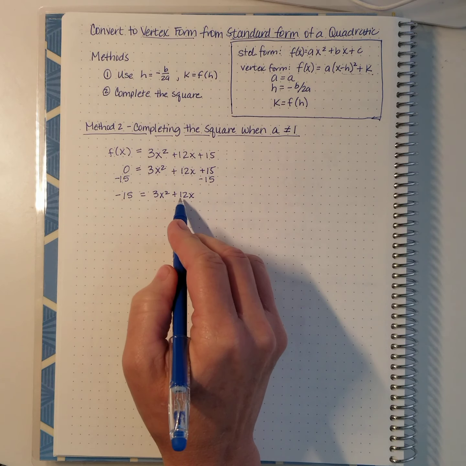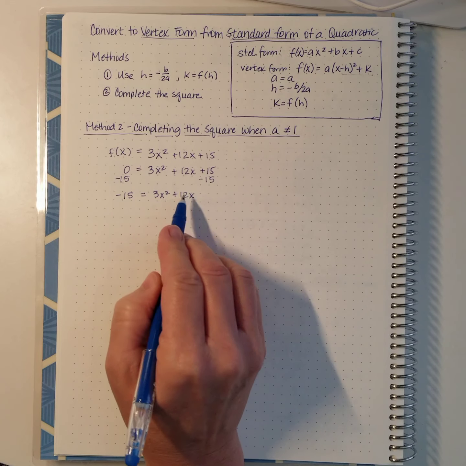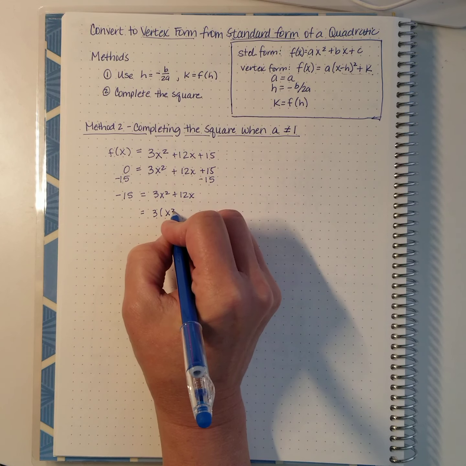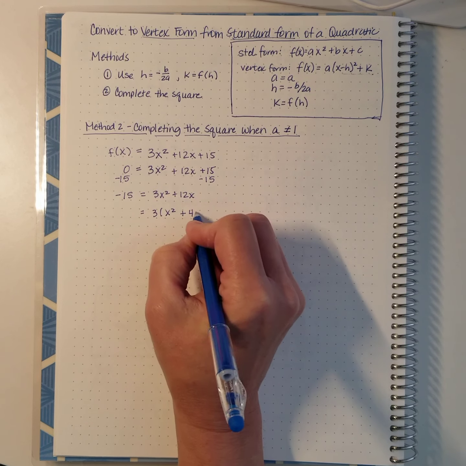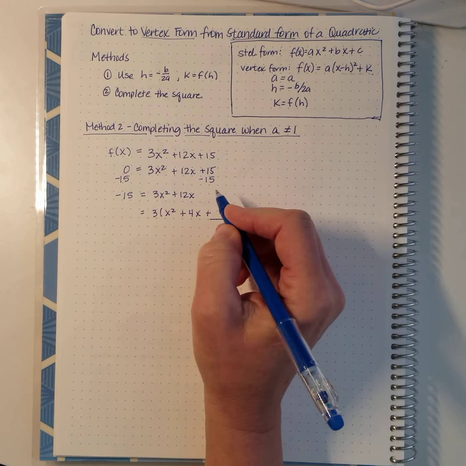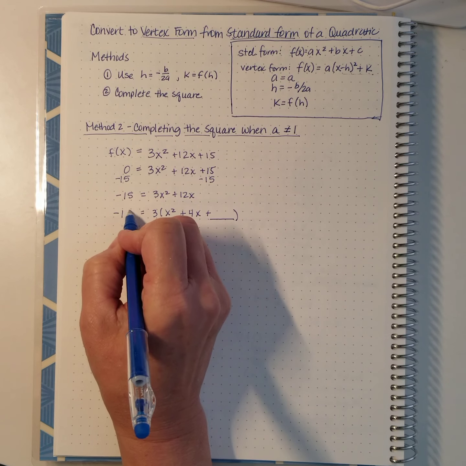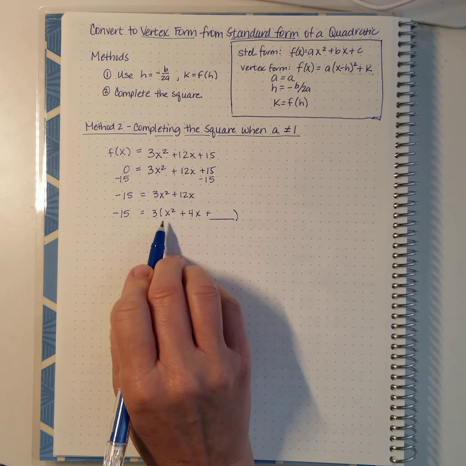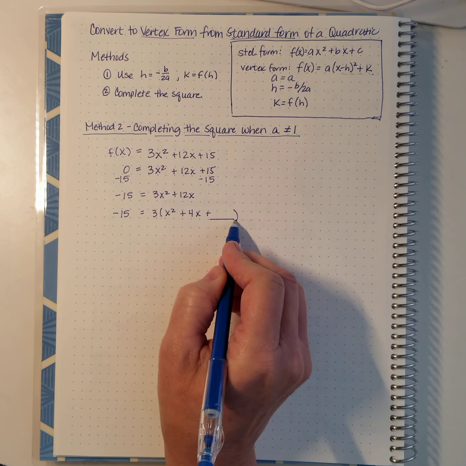So now we want to factor out this 3, so that we have in our parentheses, we're going to factor out a 3 here, but we're going to complete the square inside the parentheses.